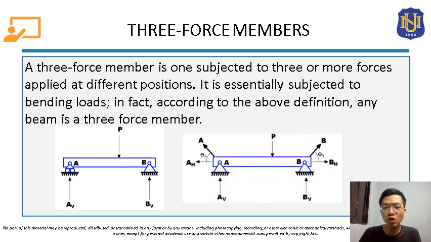Also, consider a beam supported by a hinge at both ends. As we can see, there is a hinge here and a hinge here. If you apply a load P here, this beam will actually bend.